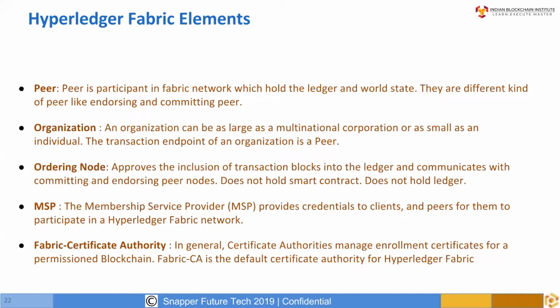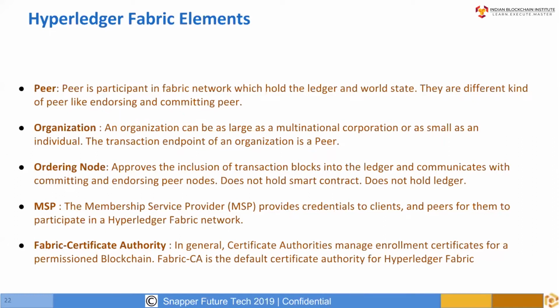Then there is a membership service provider, which provides credentials to the clients and peers for them to participate in the Fabric network. As I mentioned, there is a service which provides you with credentials, the certificates, the PKI structure. The part of MSP is Fabric CA. In general, the certificate authority manages the enrollment certificates for a permissioned blockchain.